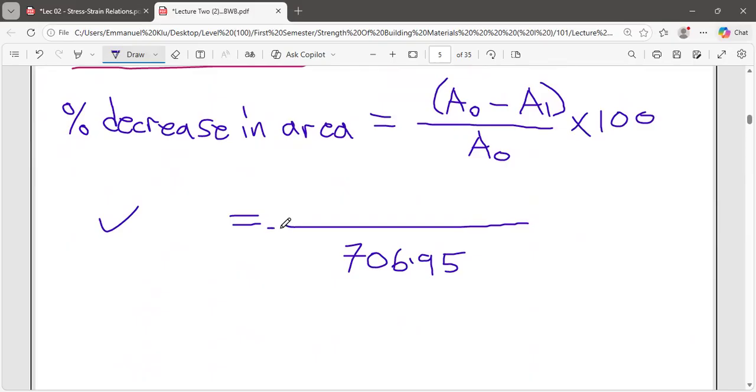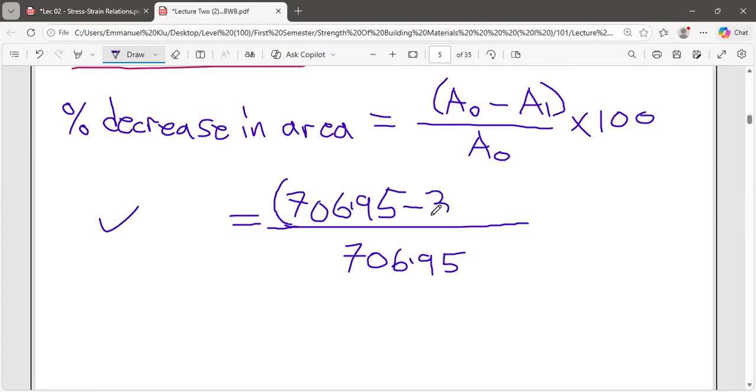Since we already know the A0, we repeat it: 706.95. Then we bring over minus. Now our A1 is going to come. That is the area at fracture.